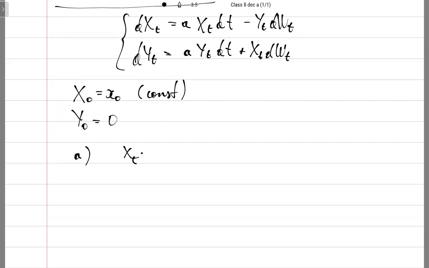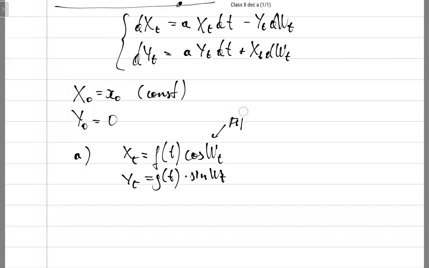So x_t is given by some deterministic function f of t times cosine of W_t, and y_t is some other deterministic function g of t times sine of W_t. And we need to find the solution of this form.